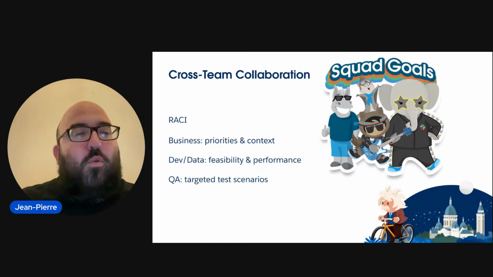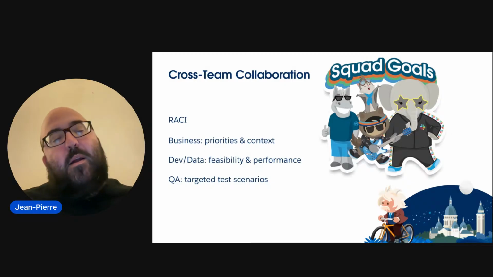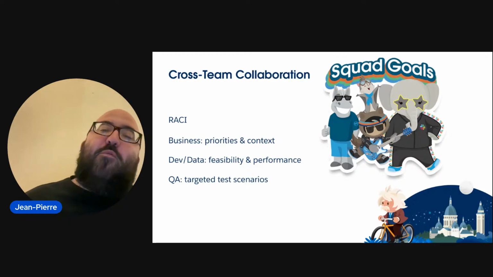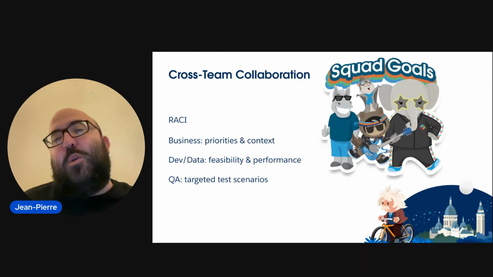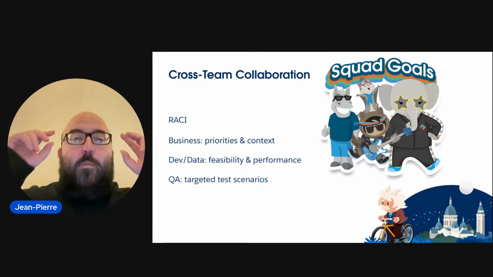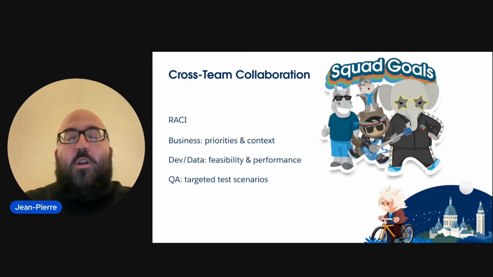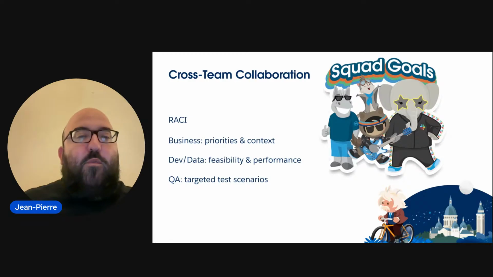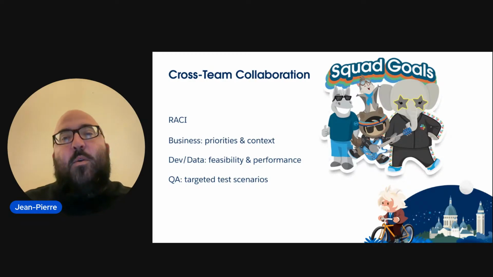For those of you who don't know about the RACI, it's a document showing who is responsible, accountable, consulted, and informed for every task on a data migration project. And it's really important because, as you saw, there are a lot of moving parts in this kind of project. You want to make sure that everyone knows their tasks and what they are accountable for.